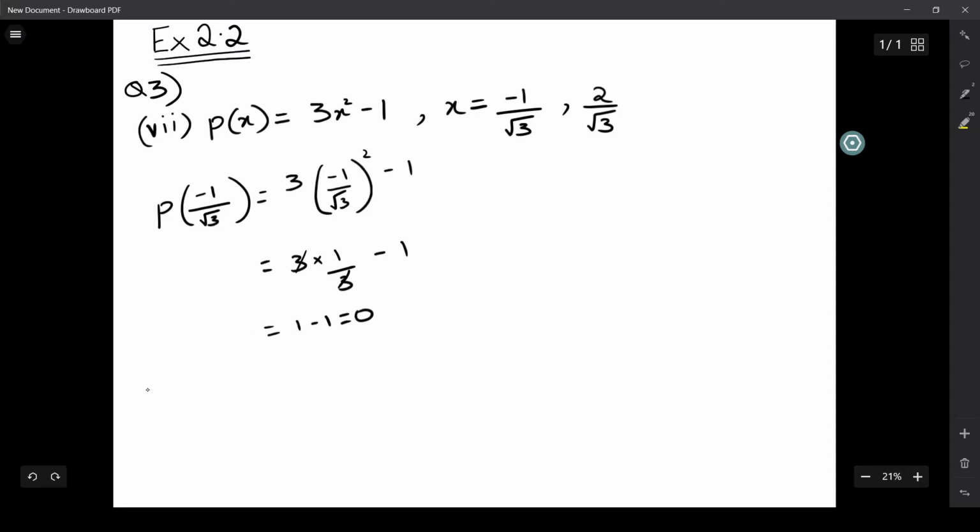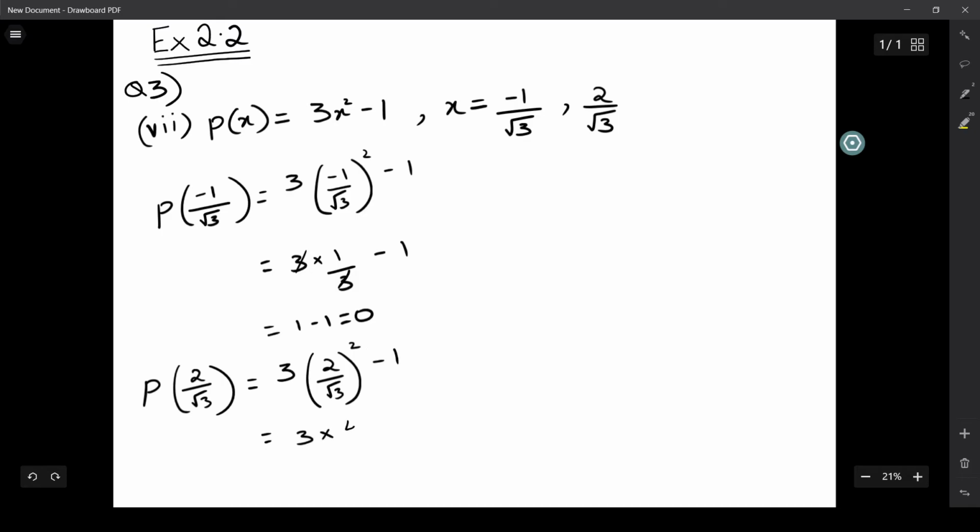This is 1 minus 1, which is equal to 0. Second one being p of 2 by root 3. Replacing x with this value, we get 3 into 2 by root 3 whole square minus 1.